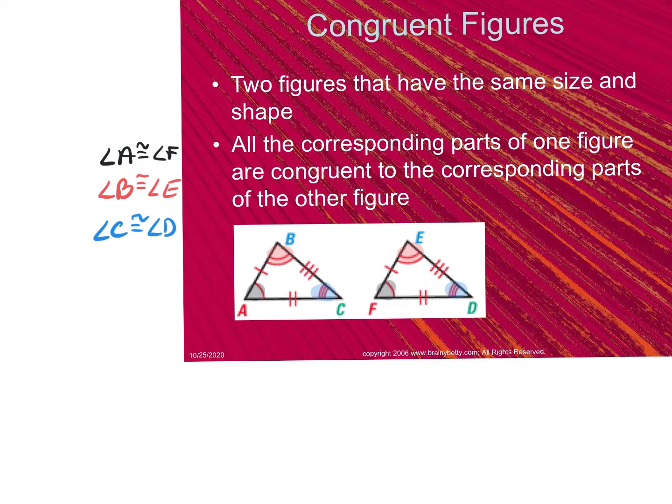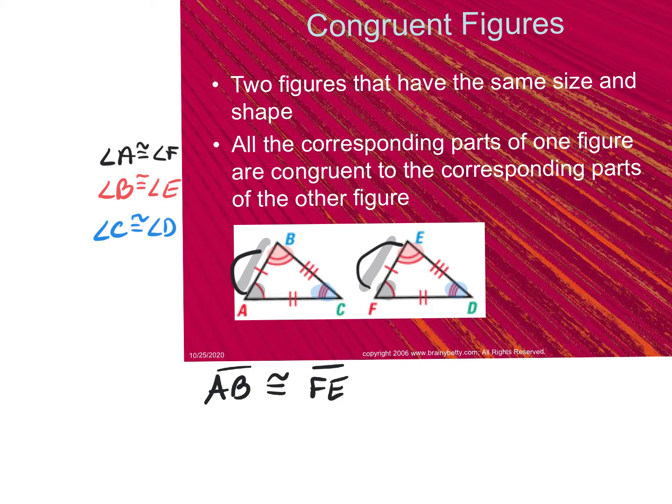So notice I have AB here with a single mark, and it's going to match with FE. So I'm going to say that AB is congruent to FE. Notice how I went from the single mark to the double for the order here.